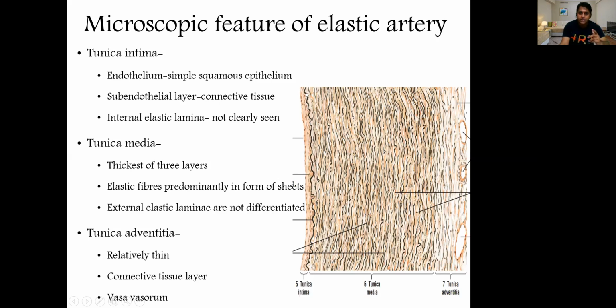After it comes the internal elastic lamina. Now the point to note here is that the internal elastic lamina is not clearly seen, but here it's prominently seen. It means this is not the H&E stain. It is a special stain used to depict the elastic fibers.